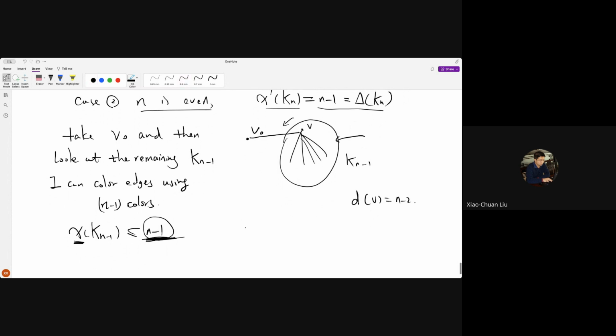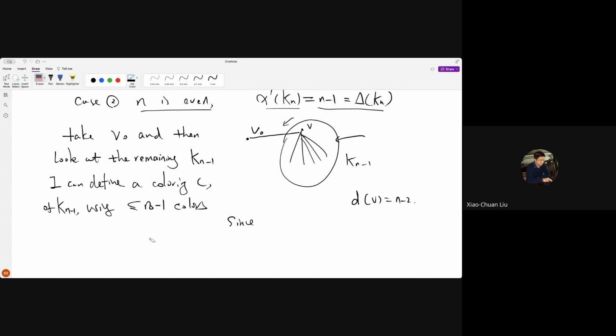So let me write the final words. I can define a coloring C of this Kn minus 1, using at most n minus 1 colors.